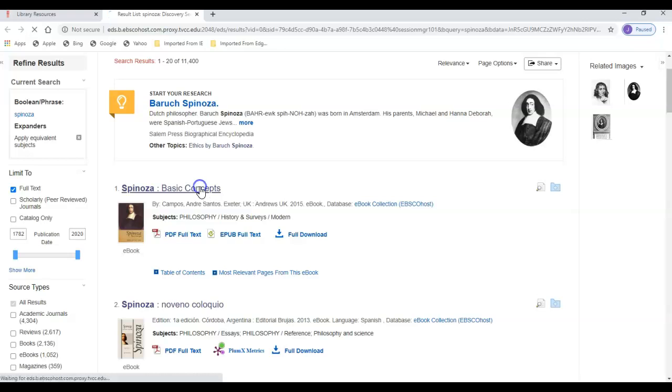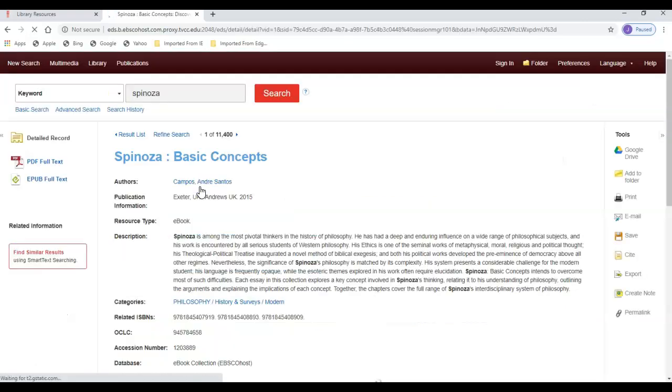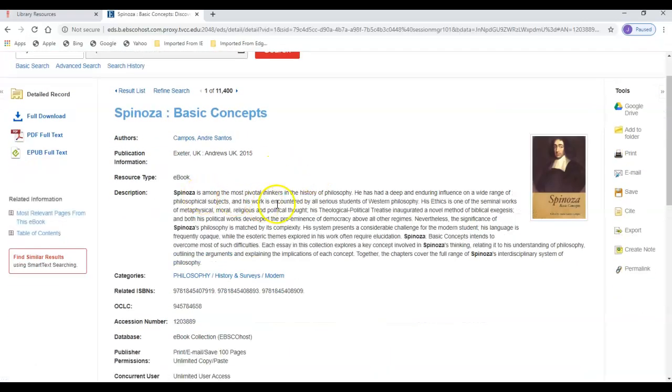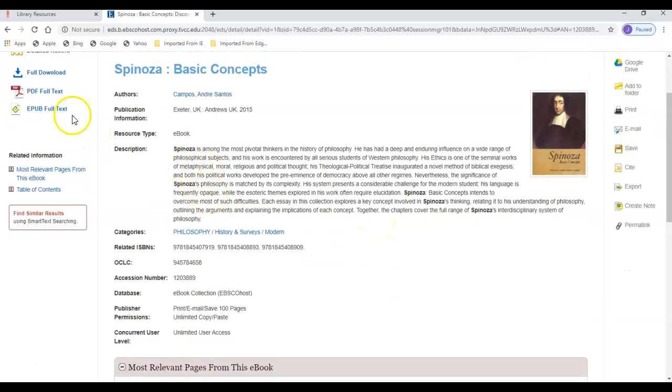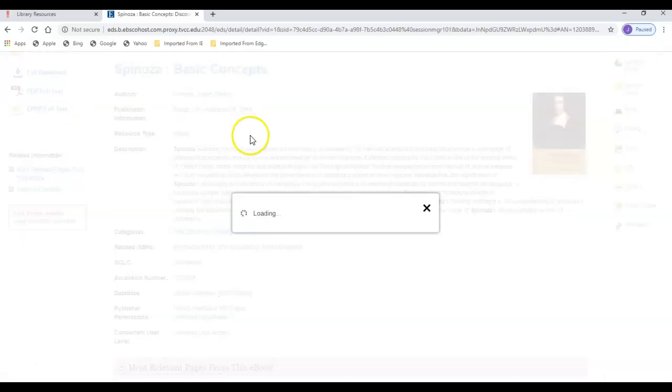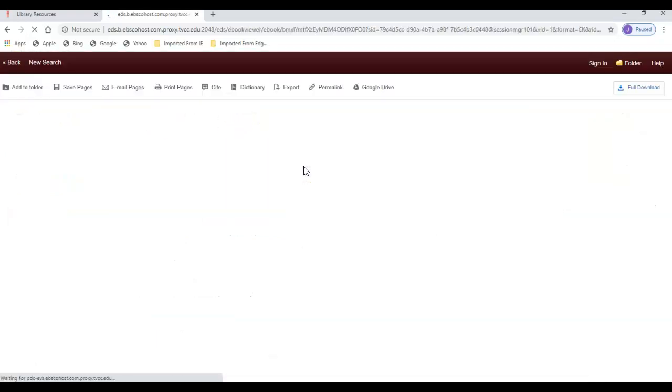If you click on this, it will show you an abstract, a little detail about what's in the book. Then you simply click over here to the EPUB full text, because this is a whole book, in case you're wondering.